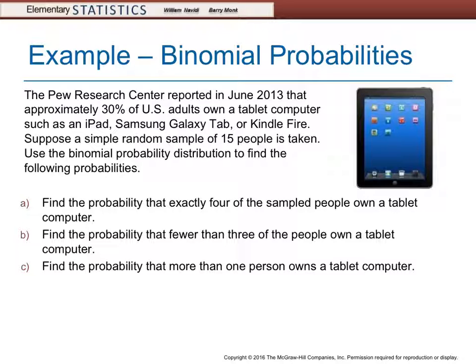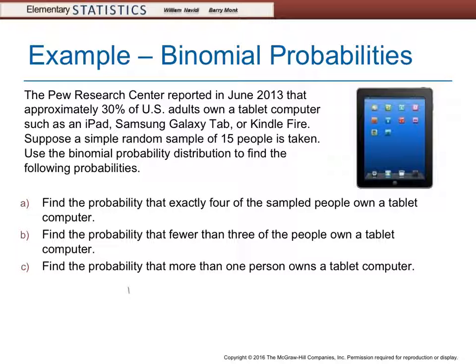Find the probability that exactly 4 of the sample people own a tablet computer. Find the probability that fewer than 3 people own a tablet computer. Find the probability that more than one person owns a tablet computer.